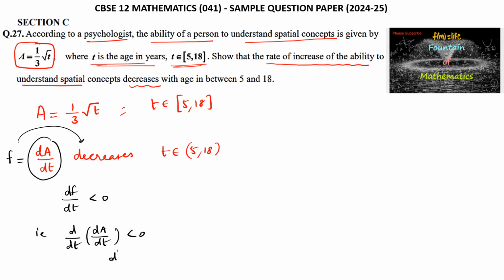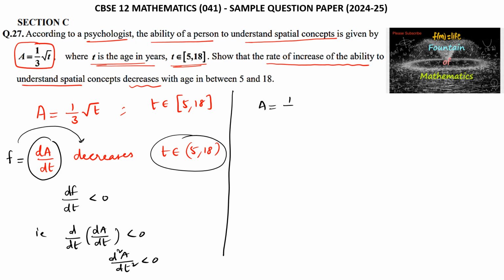That is, the second order derivative d square A by dt square should be less than 0 for t belongs to 5 comma 18. So let's consider A is equal to 1 by 3 root t and differentiate. dA by dt is equal to 1 upon 3 into the derivative of root t, which is 1 by 2 root t, that is 1 by 6 root t.